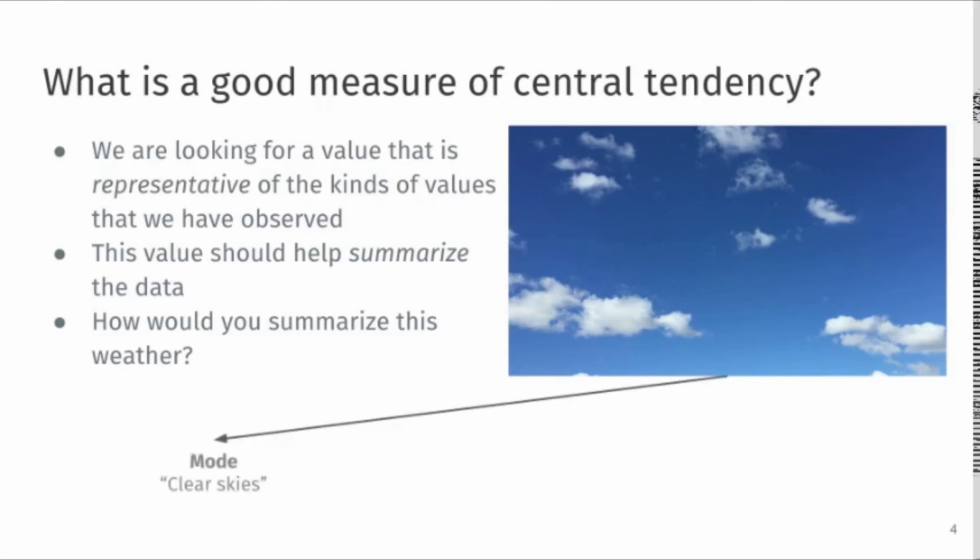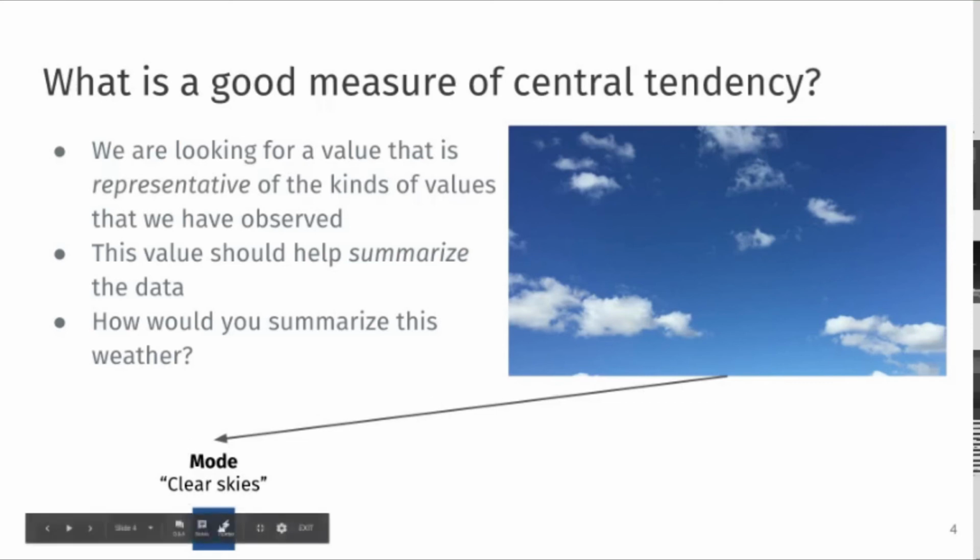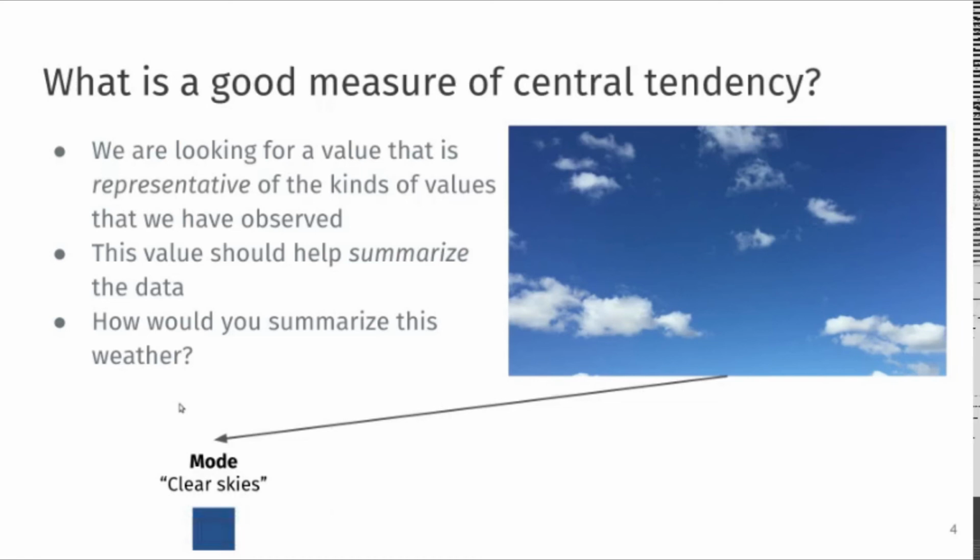If you are the mode, you would just say, clear skies, because the mode only picks up on the most common feature of the data, the most commonly occurring value. In this case, the bottom there is the most commonly occurring color in this picture. So, clear skies seems pretty good.